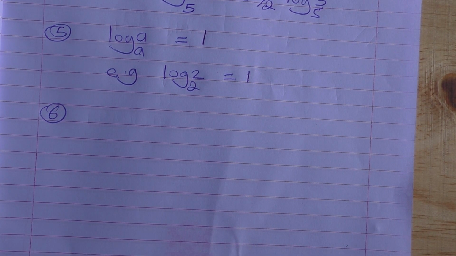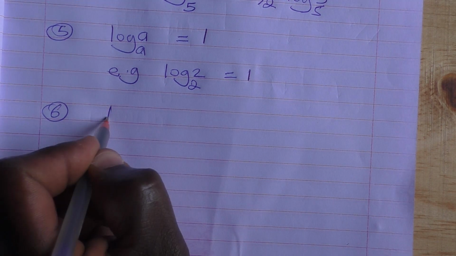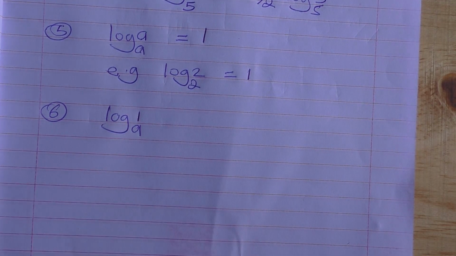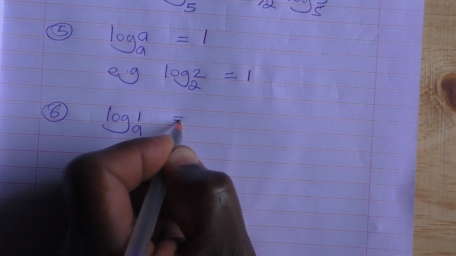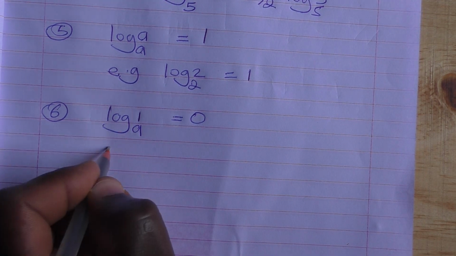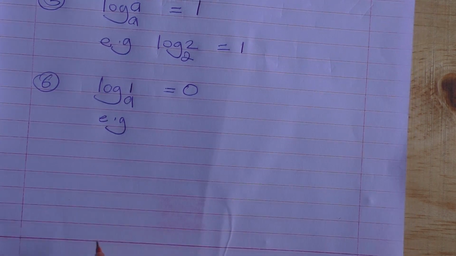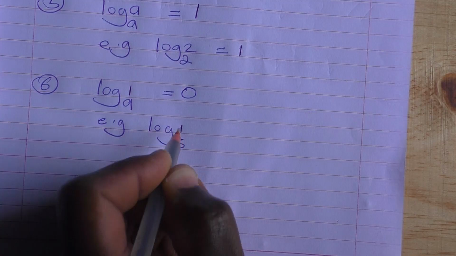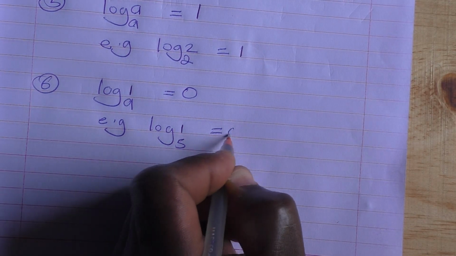Let us look at our sixth law. It states that when I have log of a to power 1, this equals to 0. E.g., I may have log of 5 power 1, this equals to 0.